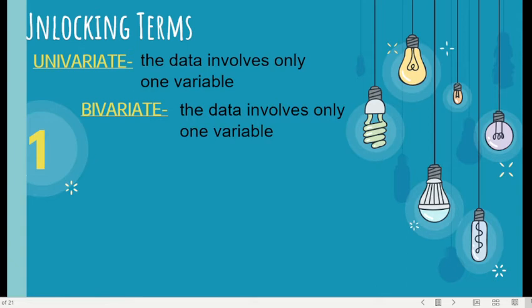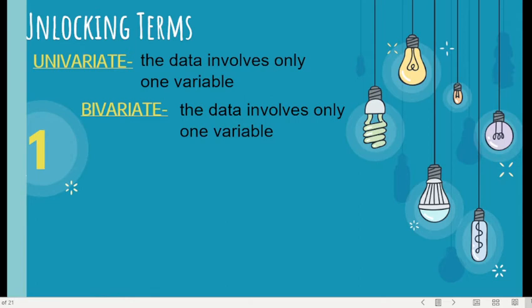So let's say, if you have your IDs with you, an example of a univariate variable is your LRN or your learner's reference number, or even your gender or your sex. It can also be your section. Those are univariate data because they are only one variable.